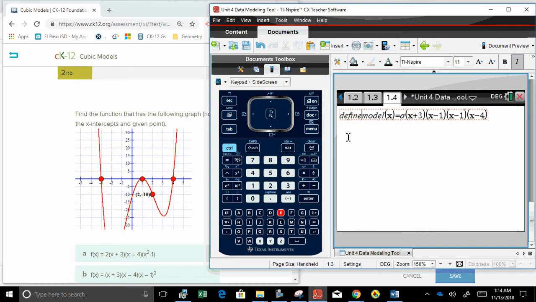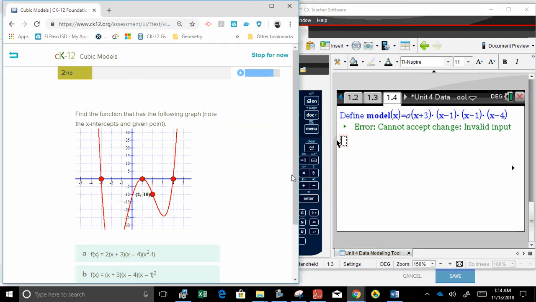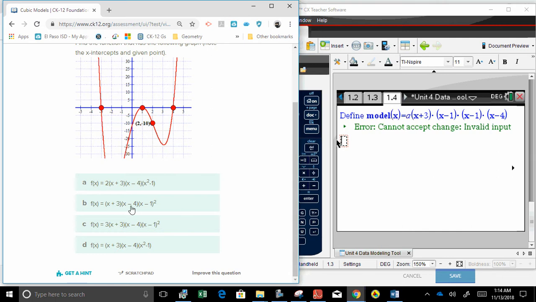Oh, but it didn't like it because I need to figure out a. So it's a positive direction. The question is, which one is it? We have answers here. This has an a of 1. This one doesn't work because the square is in the wrong place.